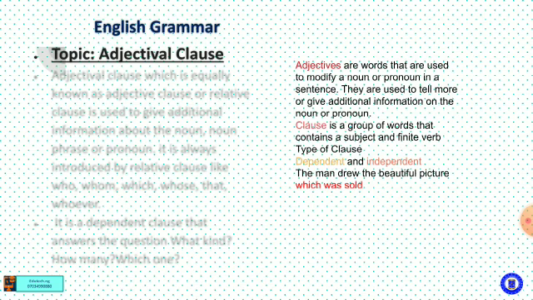We all know the subject is the doer of the action, and finite verbs are those verbs in their base form, in their S form, or in their simple past form. Examples of a verb in its base form: we have walk. The S form is walks, and the past tense is walked.